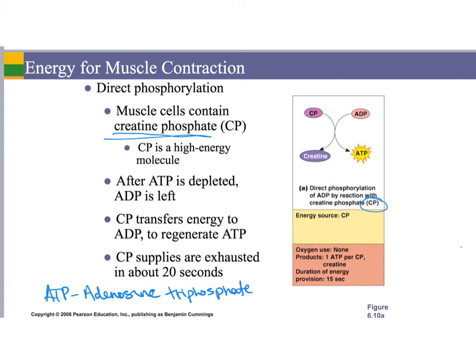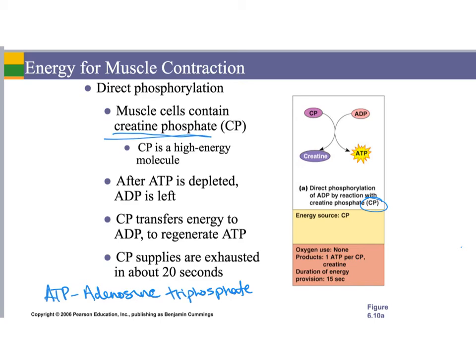So it's going to provide you another pathway for ATP production. So you can work out even longer. And by working out longer, you'll be able to, theoretically, build muscles quicker, right? Because you'll have more energy available.